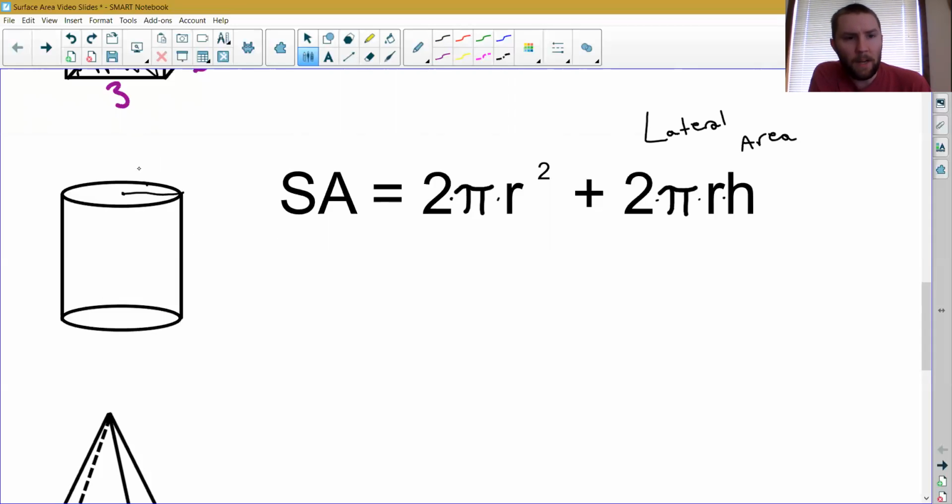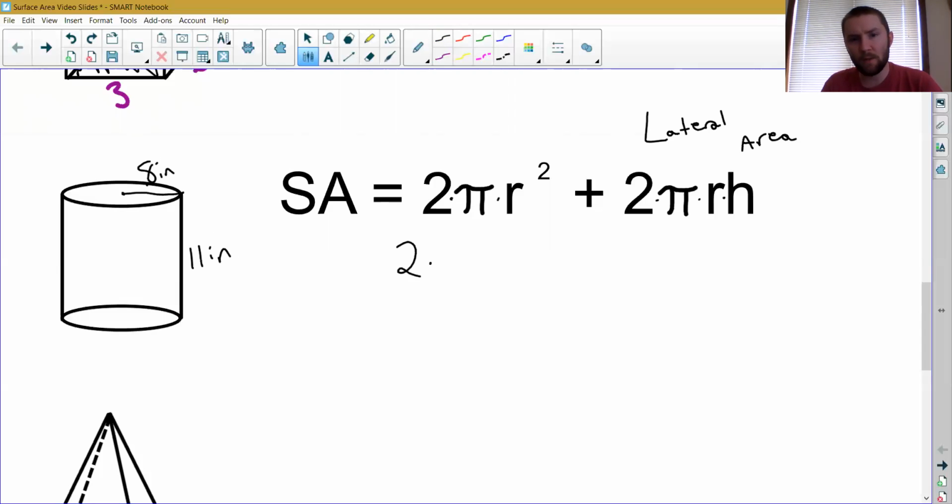So if the radius is, let's say, 8 inches, and the height is, let's say, 11 inches, I can find the surface area. And because I'm dealing in area, the units will be squared, okay? So if we're using units, we will have that be squared. So for our purposes, again, we're going to use 3.14 instead of pi.